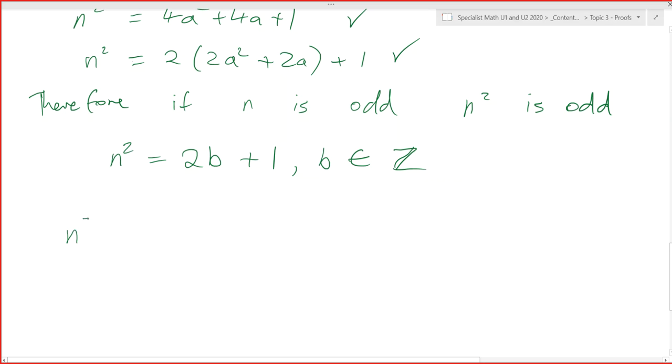So if we go, and this is the really tricky bit. You have to realize that n squared minus 1 equals, so I'm trying to get n by itself essentially, and that's why I use the difference of squares. I can sub this in.